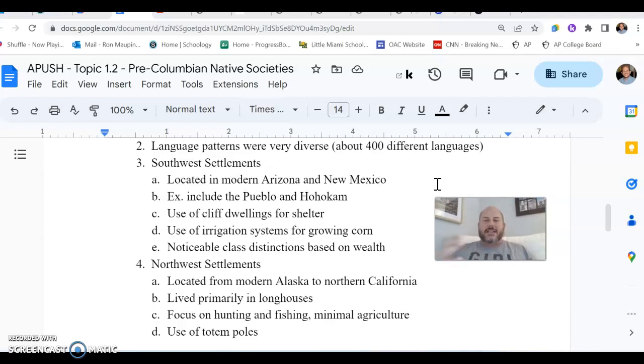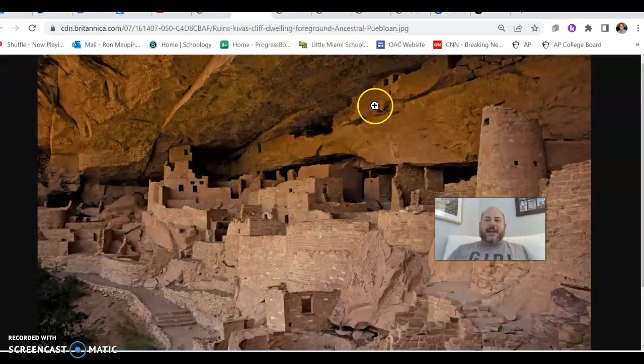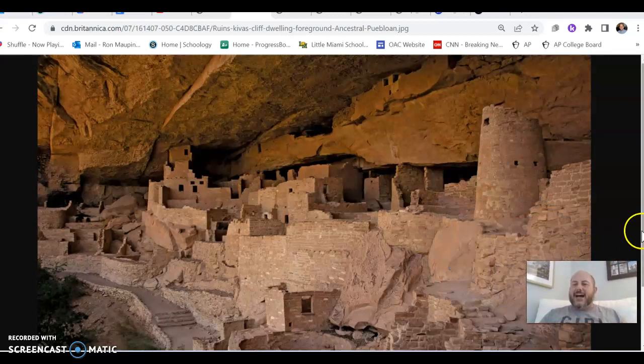So when we look at groups like the Pueblo and the Hohokam, for example, if you're talking about a society where it's really hot and arid and dry, you're not going to be building shelter in areas that are not going to shield you very well from the sun. And so you saw the creation of these cliff dwellings, as you can see pictured right here, where it keeps you out of the sun. And because it's already dry, it'll keep you cool with that covering.